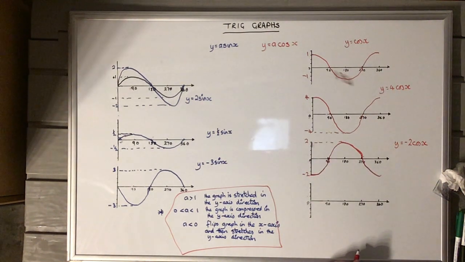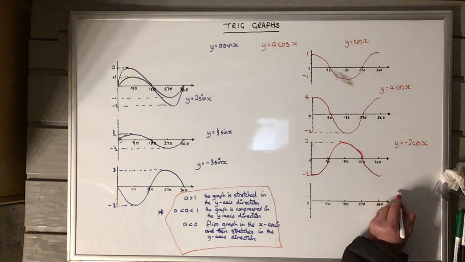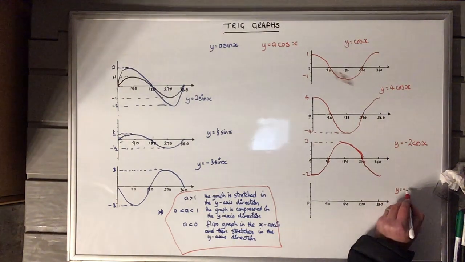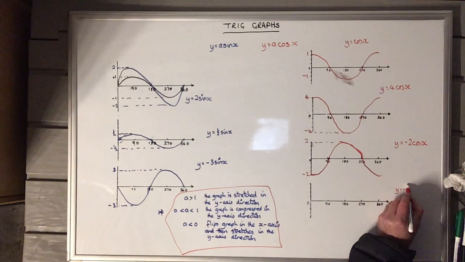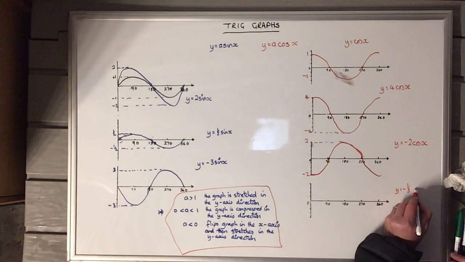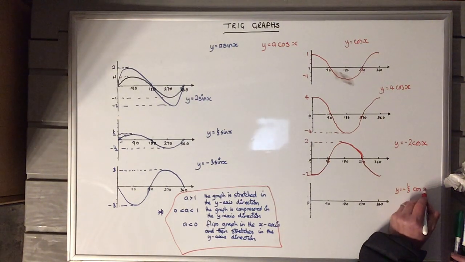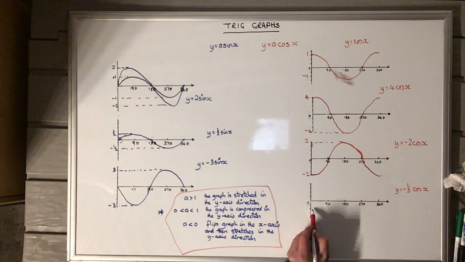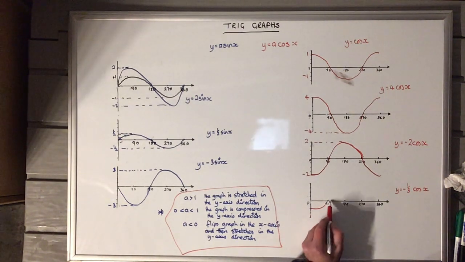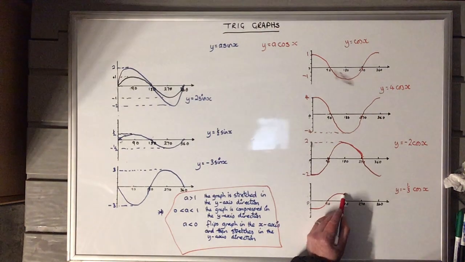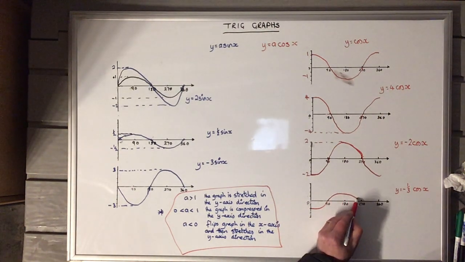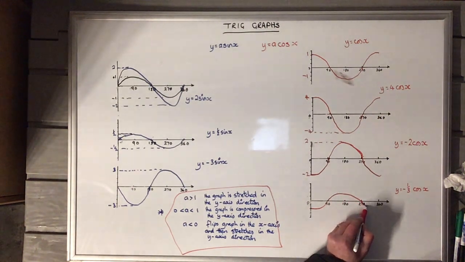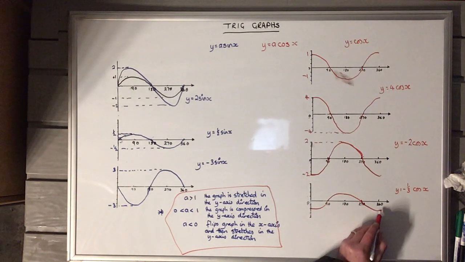Okay, and the last one that I'll do is y equals minus a third cos x. So again, it's a negative one. So we have to start here, and it's only a third, so it's quite small. So it'll go something like that, up to about here, and back down to 0, and then back along to here. So it's been compressed now.